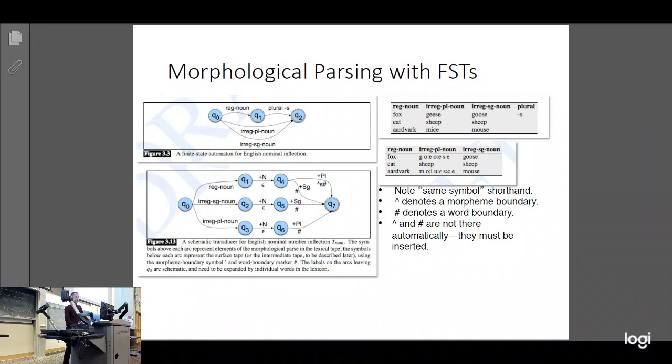We could also read caret S, where caret is a morpheme boundary, a delimiter between morphemes, and S is the suffix. The pound sign here is the word boundary symbol. So we read that and we write plus plural. By that same logic, we can analyze any of the nouns of English that would be accepted by this automaton.